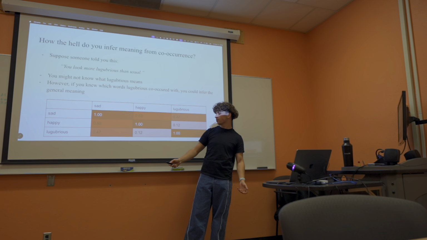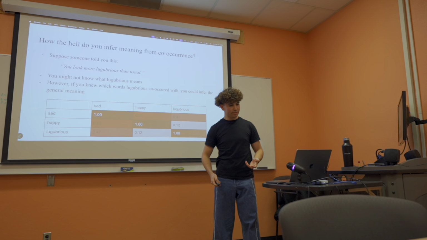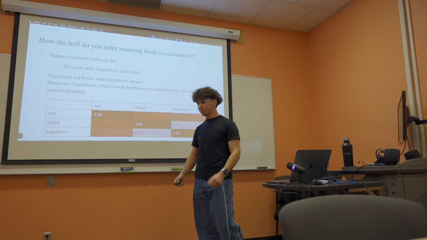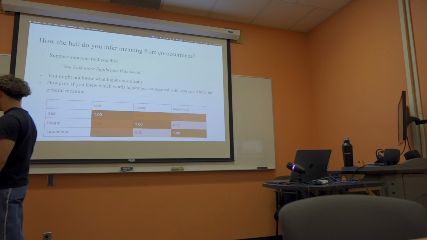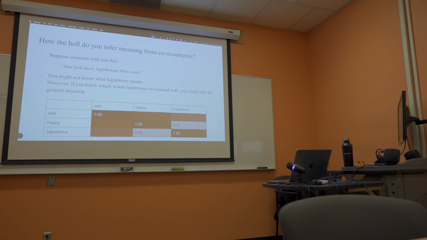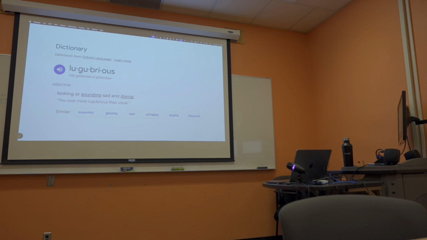And from that you can infer, roughly, that lugubrious has something more to do with sad than happy. So you can infer meaning from co-occurrence, just like this. And that's the actual definition. So lugubrious means sad, effectively.